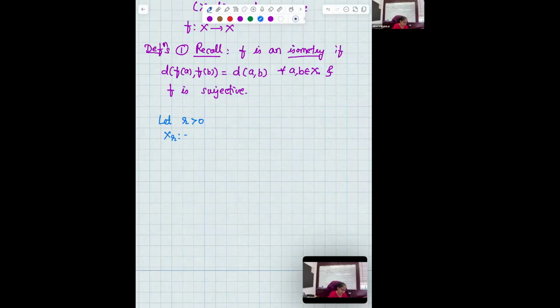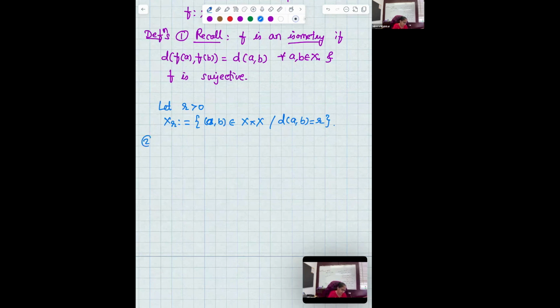I want to define the set X_R of ordered pairs (a, b) in X with that specified distance R. And definition 2 is that we say f preserves distance R if there are at least two points with distance R, so X_R is not empty.